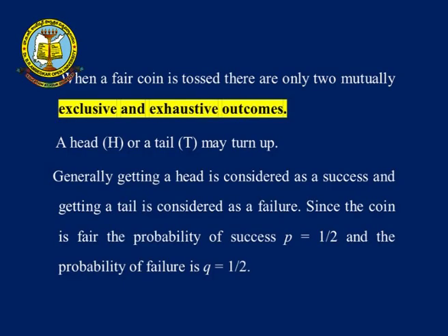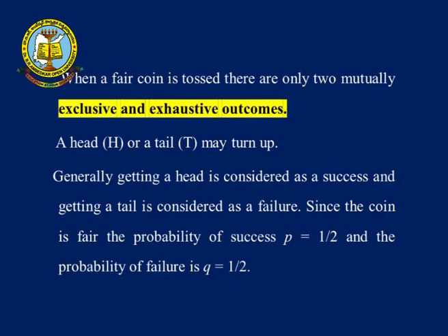Generally, which is failure and which is success? Failure is always represented by Q and success is always represented by P in terms of probability definitions. Since the coin is fair, the probability of success P is equal to 1 by 2.